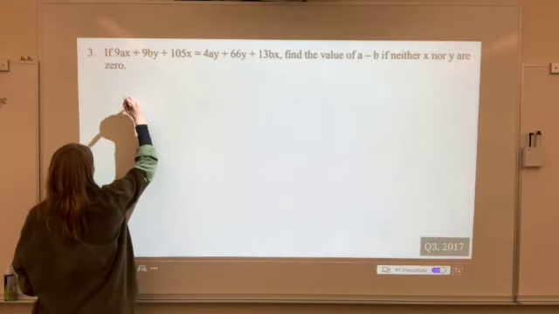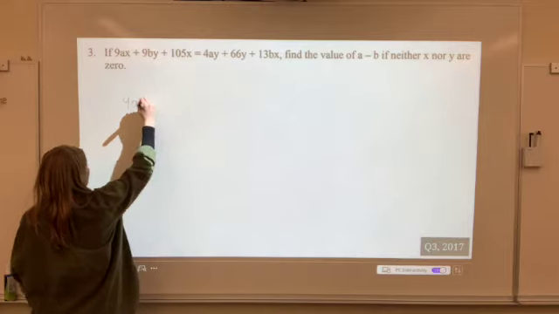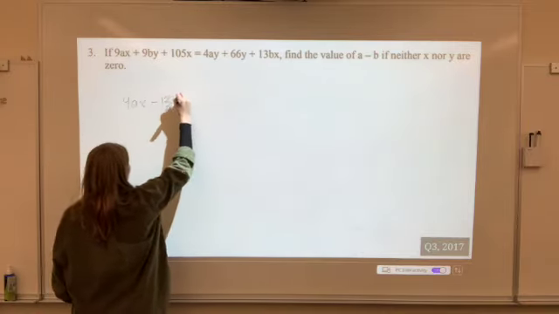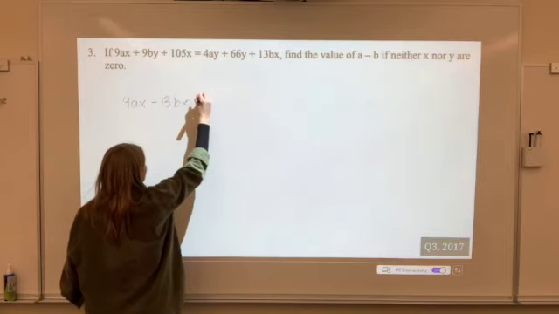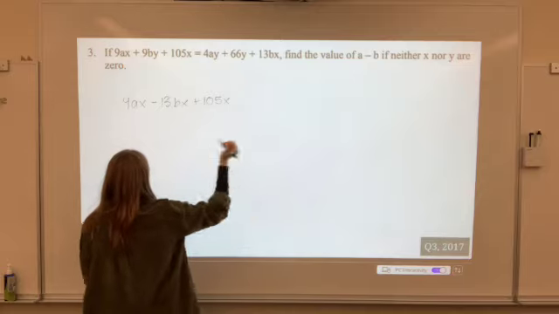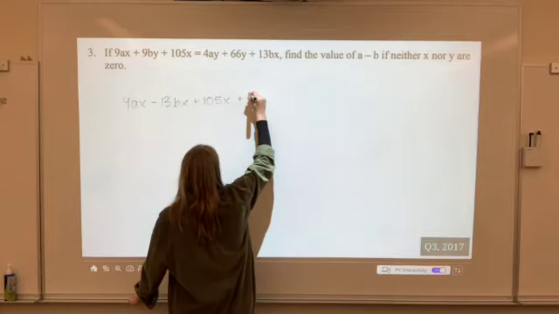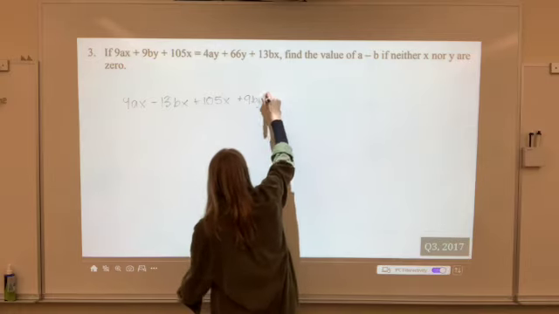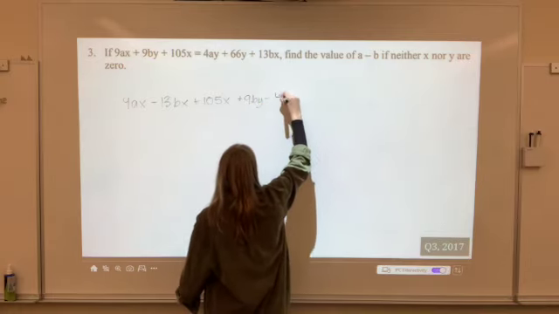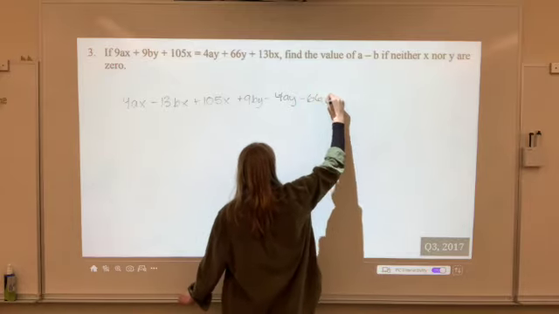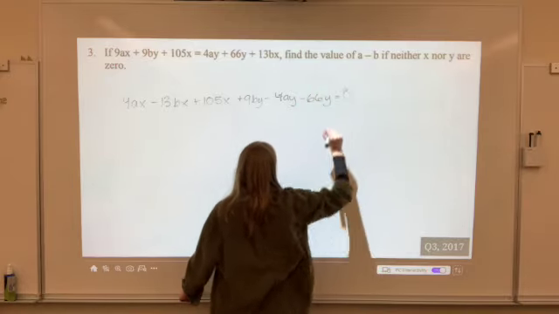We have 9ax, and we have the bx over here, so minus 13bx plus 105x. Now for our y terms, plus 9by minus 4ay minus 66y is equal to 0.